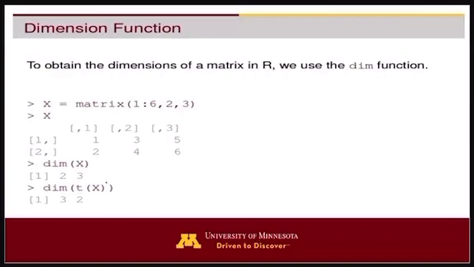You call that dim. Take a look at that. Dim is dimension, D-I-M. The first number you're going to see will be the number of rows. The second number you're going to see will be the number of columns. And of course, when you do transposing, instead of 2 by 3, it's going to be 3 by 2 in dimension.